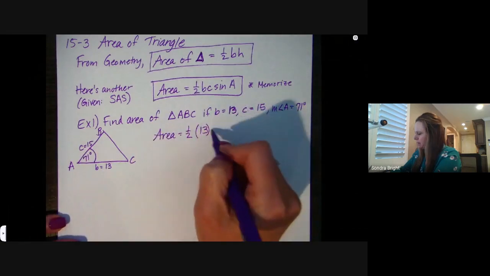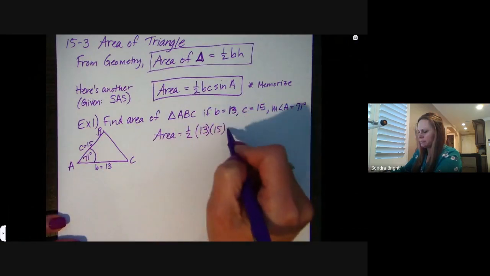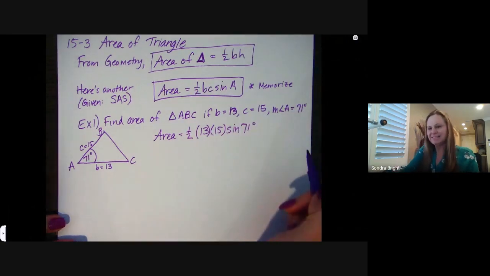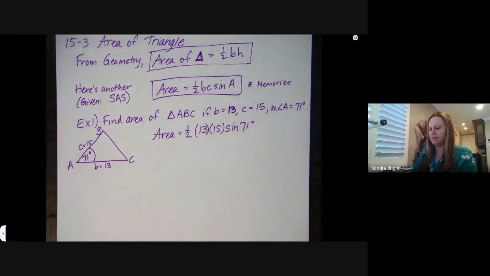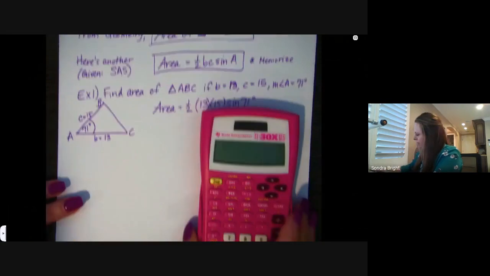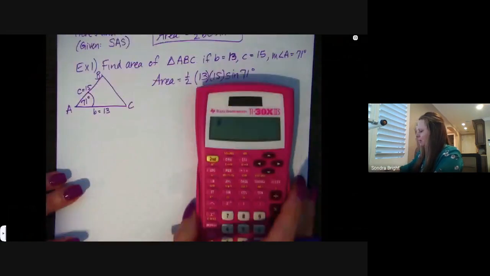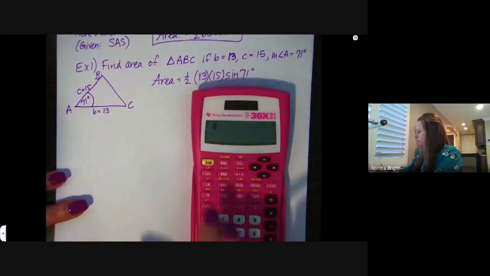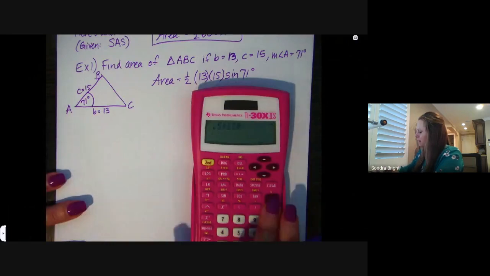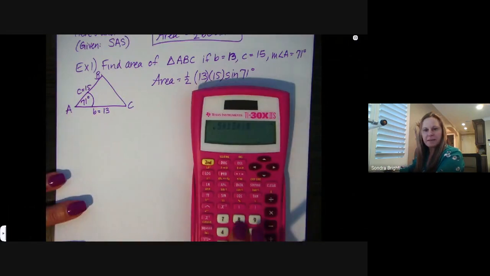All right, so the area of this triangle will just be, using this formula here, 1/2 times 13 times 15 times the sine of 71 degrees. Easy peasy lemon squeezy, right? All right, let's put it in our calculator. I am in degree mode. I'll put 0.5, or you could do 1 divided by 2, and then times 13 times 15 times the sine of 71 degrees.